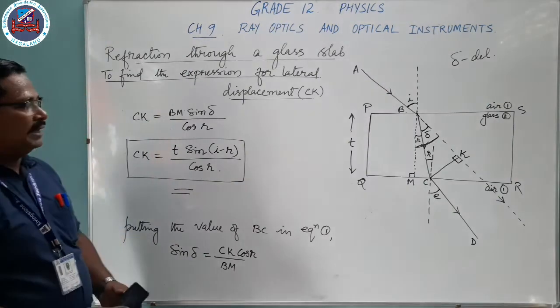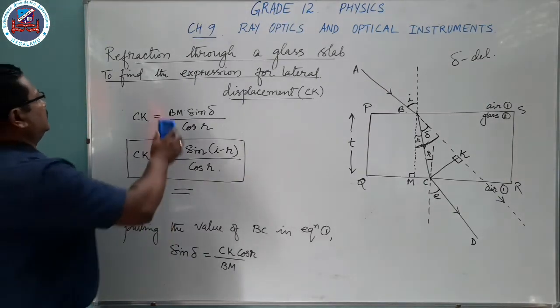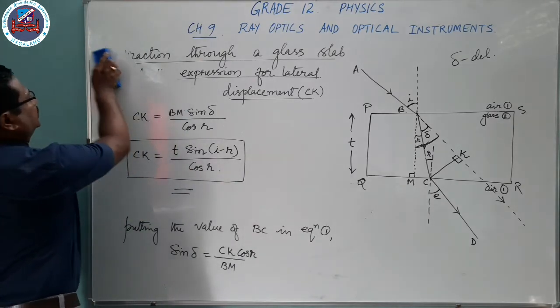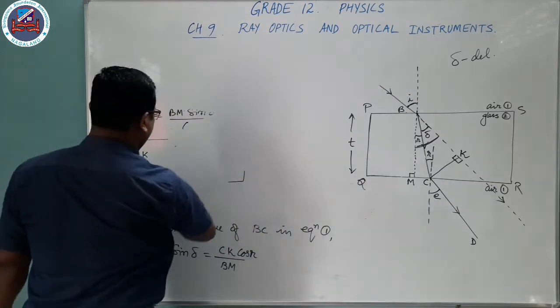So now the next topic that we are going to learn is about real depth, apparent depth, and normal shift.